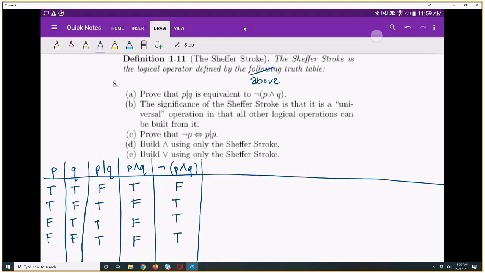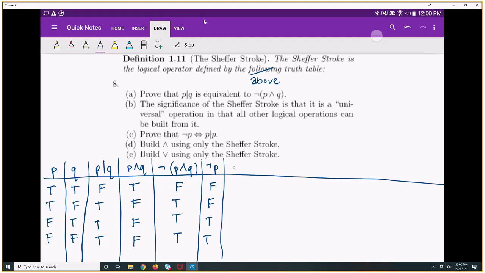We're also asked to prove that not P is logically equivalent to taking the Sheffer stroke of P with itself. So let's put not P in our table. Not P, of course, is going to be false, false, true, true.